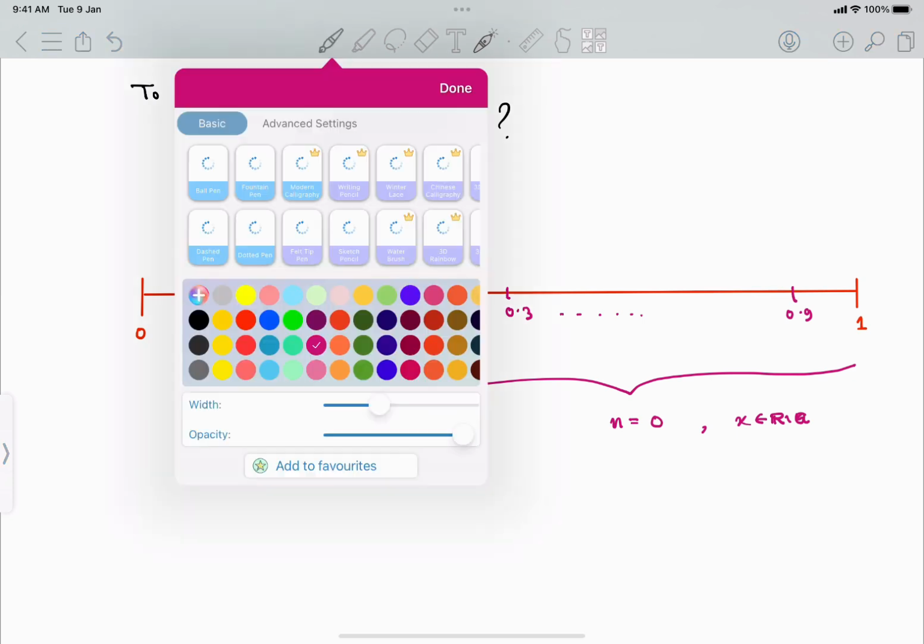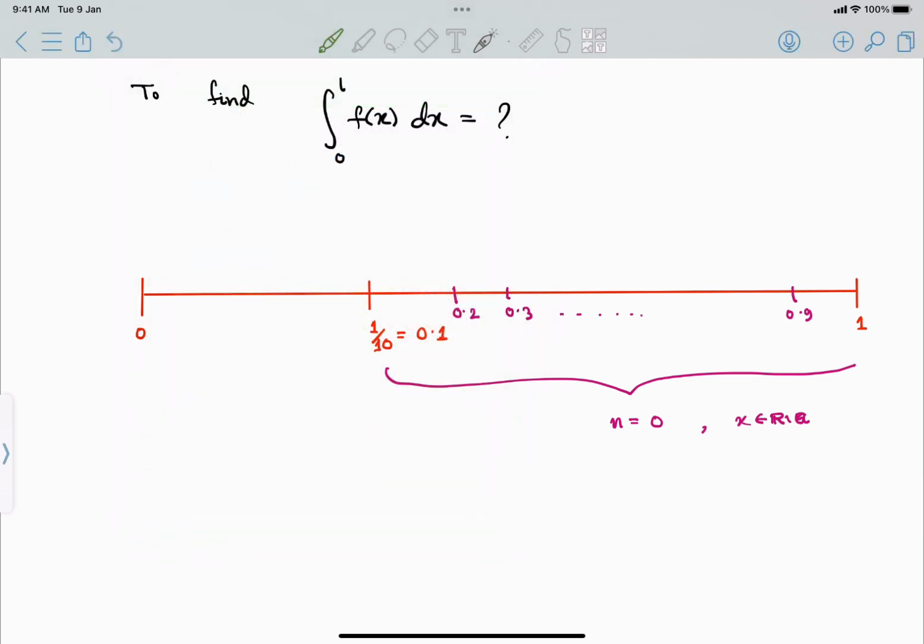Now again we divide it into more parts. Let this point be 1 by 100, that is 1 by 10 squared, which we can also write as 0.01.